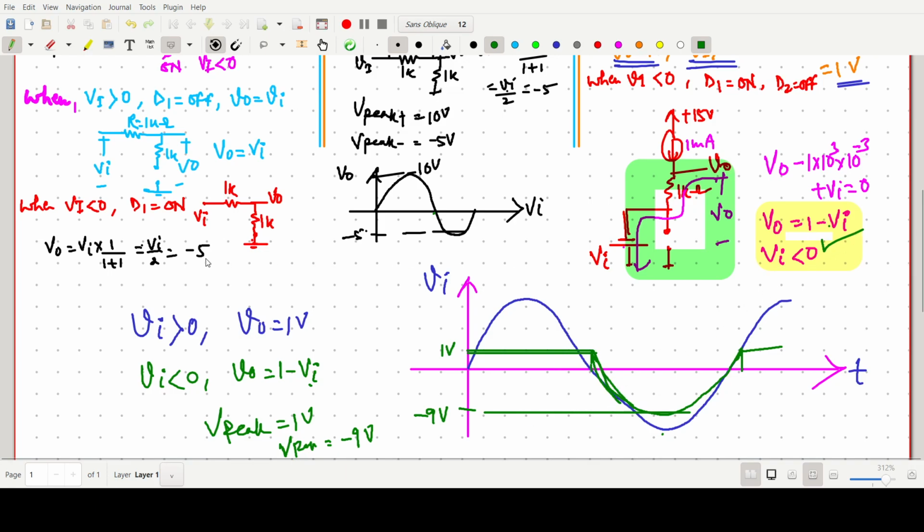When Vi is 9, we can write this one is the curve. It should be more. Clear? It is like this.